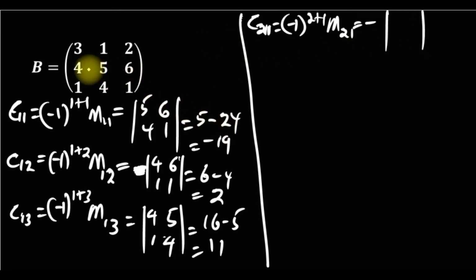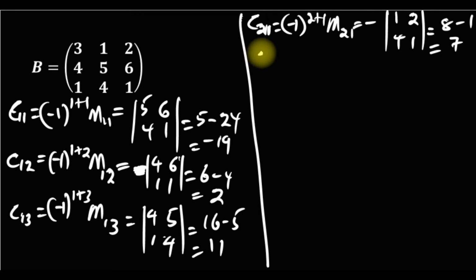Second row, first column: 1, 2, 4, 1, which is, instead of 1 minus 8, it's now 8 minus 1 because of the negative sign, which is 7. Formally it's 1 minus 8, but due to the negative sign, it's now 8 minus 1. So we'll be subtracting this diagonal from that one.